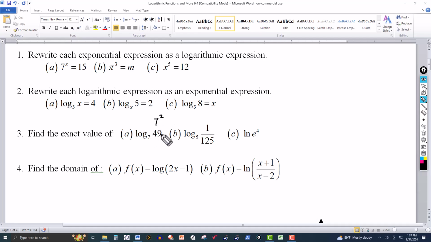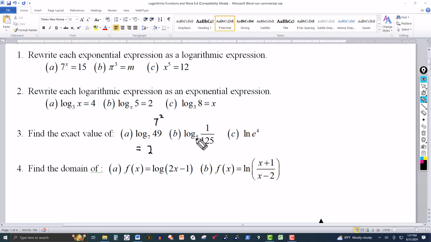So I could just put this equal to 2. Again, whenever you have it in this form, where the base 7 and the base over here on the right side are the same, the answer is always the exponent, because that's the log. So saying 7 squared is 49.